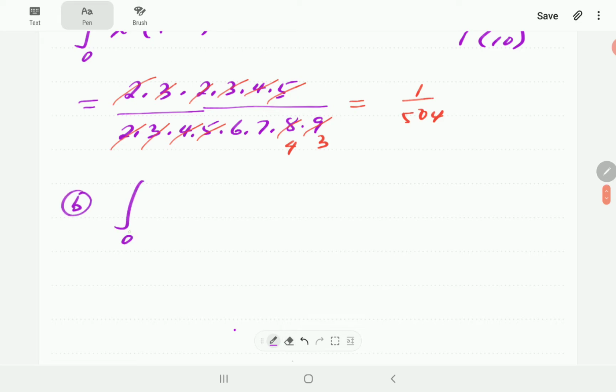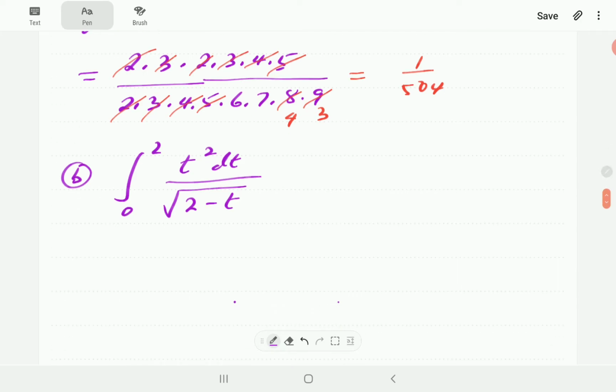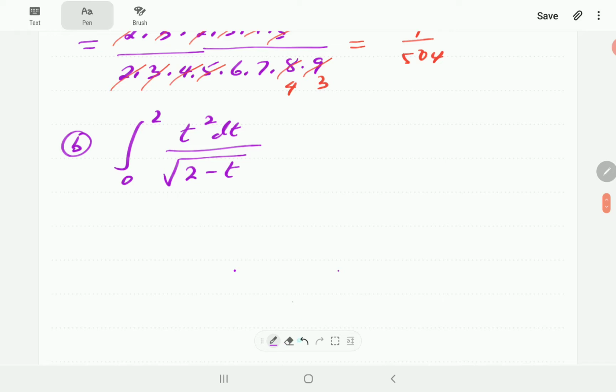In part B, we've got the integral from 0 to 2 of t squared dt over the square root of 2 minus t. Again, this could be evaluated using u substitution, but we are going to convert it into a standard beta function.